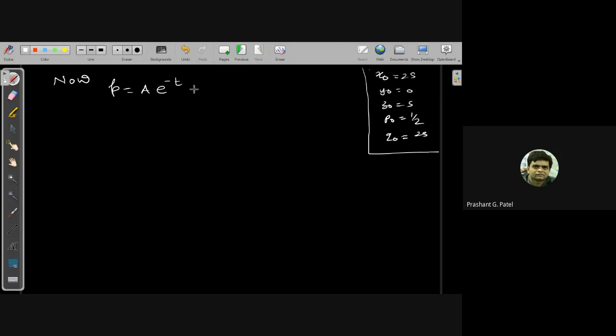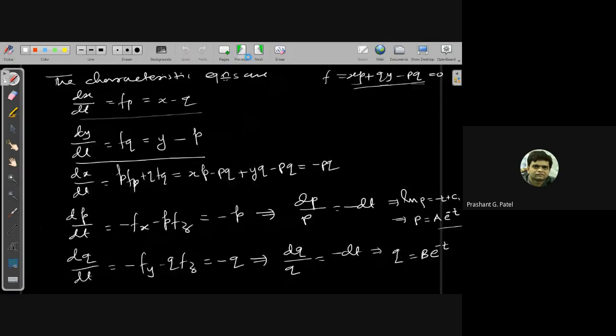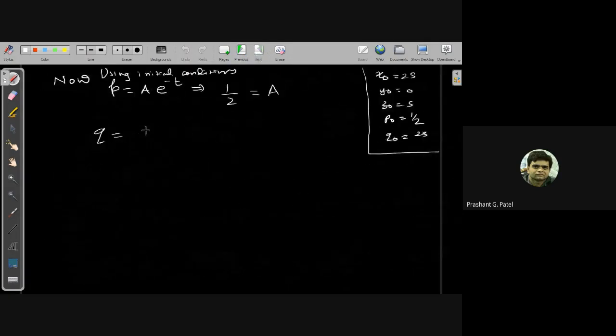So using the initial condition we get 1 by 2 equal to a. We have q is equal to b e power minus t, that will give me q is 2s. So 2s is equal to b.